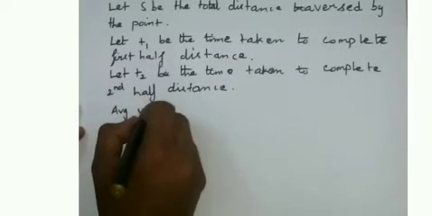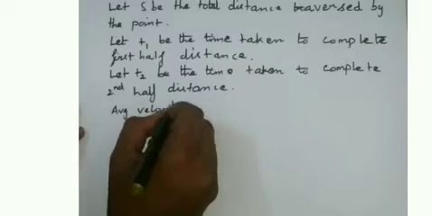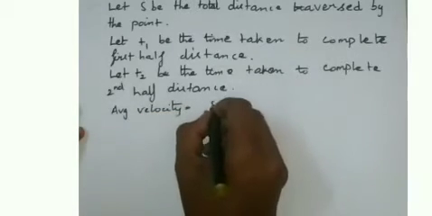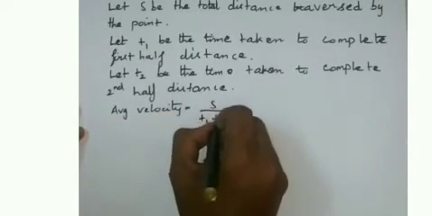total distance upon the total time, which is equal to, as we assumed here, S upon T1 plus T2.